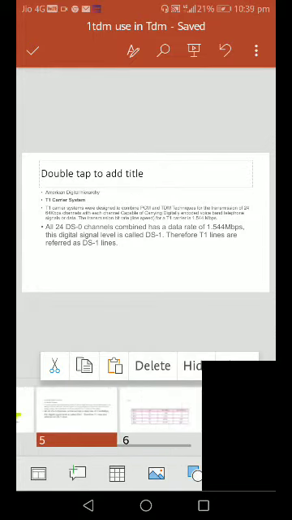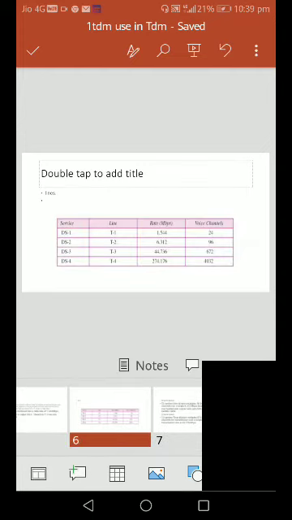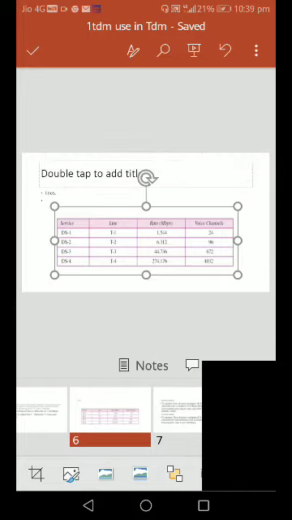Then we go to the next slide of the hierarchical structure of time division multiplexing, to see which lines we have to take, what the bandwidth is, and how many channels. These are the standards for the various services provided by time division multiplexing.